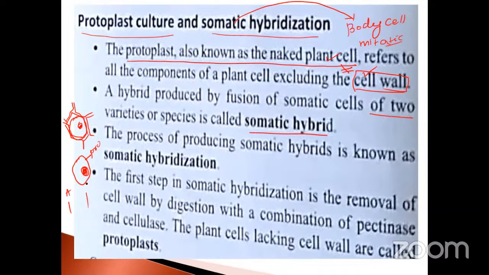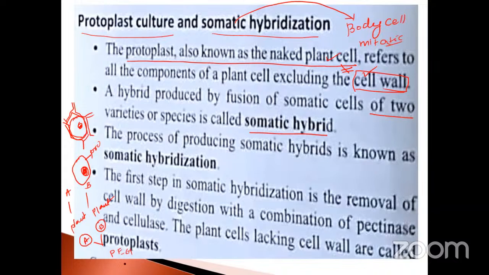Take an example, sample A and sample B. Collect the plant cells from plant A and plant B. After that, you have to isolate the protoplasm of A and the protoplasm of B and fuse them together with the help of PEG. Already told you, polyethylene glycol is the fusing agent.